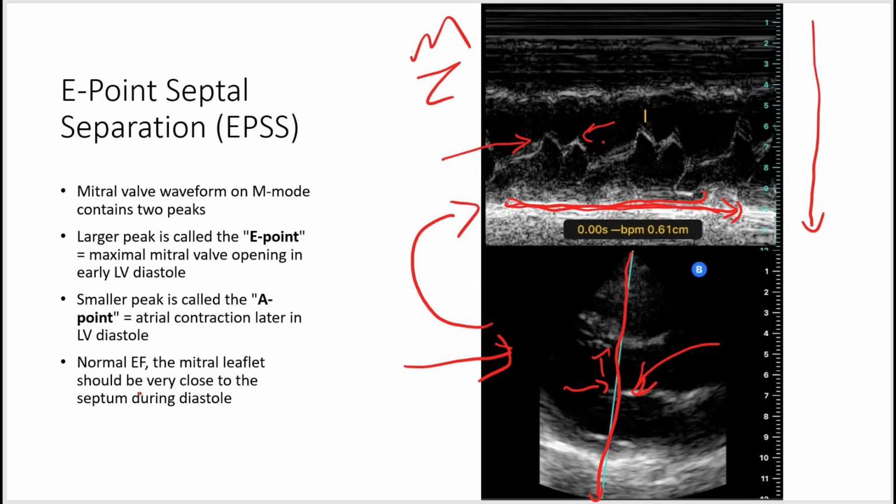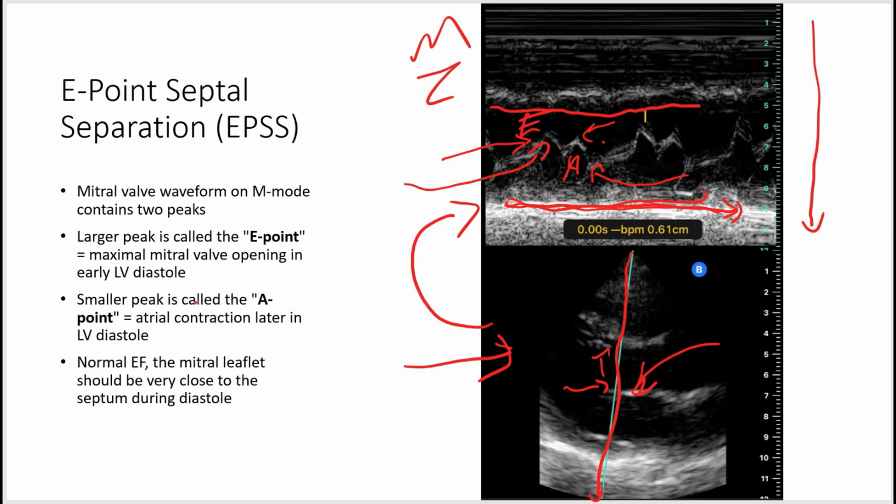The larger peak is termed the E point, and the smaller peak is termed the A point. The E point corresponds to early diastole, and the A point is in late diastole where the atrium contracts, the atrial kick, which is a lesser peak compared to the first peak. This is called the A point, like I said before.